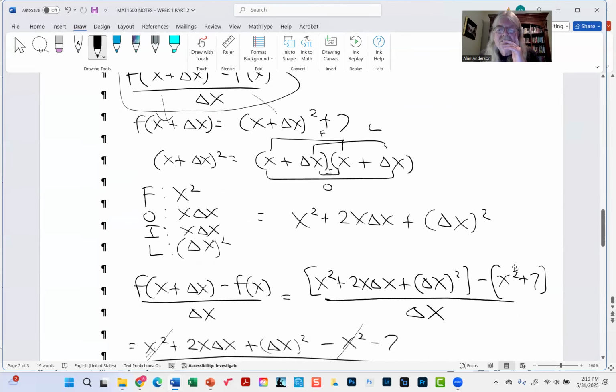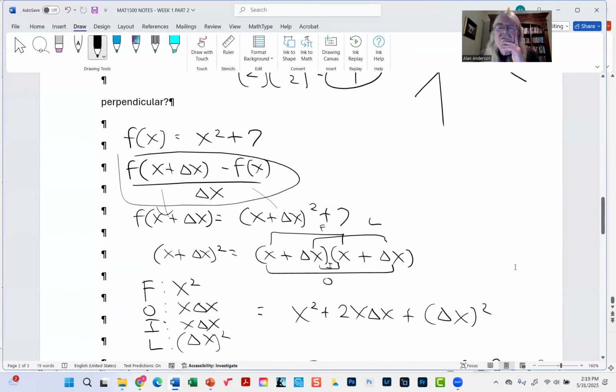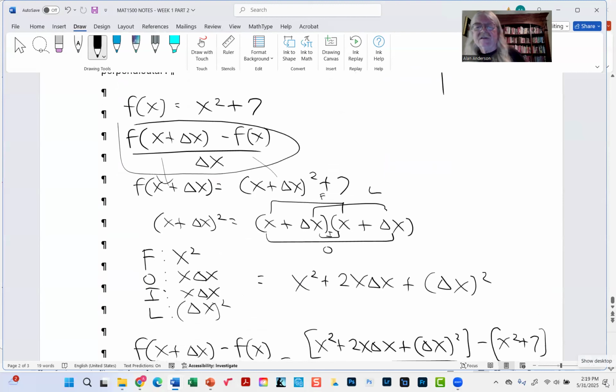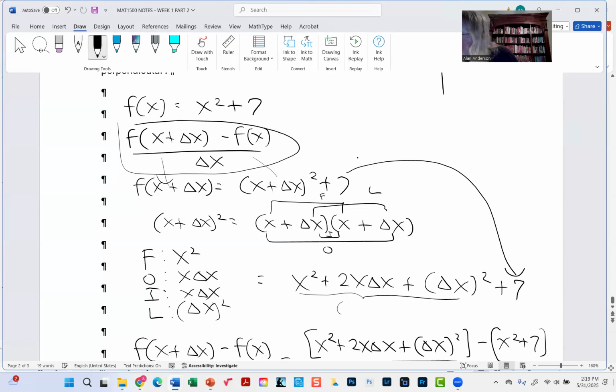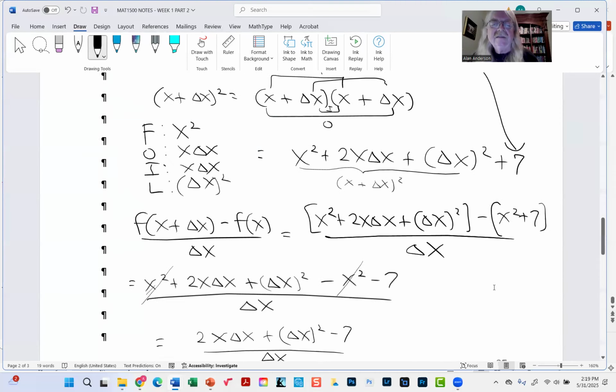I forgot the 7 when I applied the FOIL. Yeah, that's right. Well, that explains that. Okay. So let me put that back where it belongs.